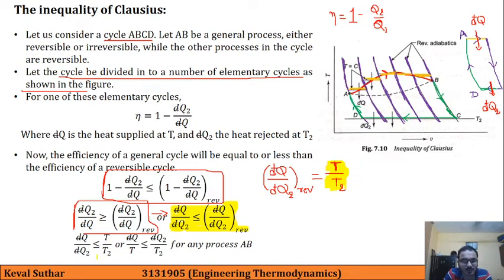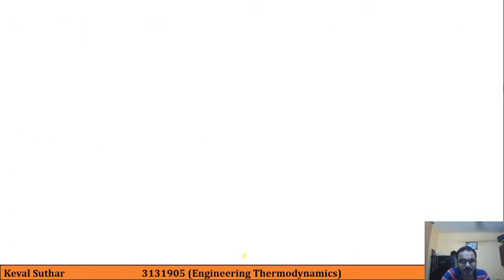Okay, so that's why we are getting this formula, and furthermore we can write δQ over T is less than or equal to δQ2 upon T2 for any process A to B. So for any reversible process, we know that dS is equal to δQ reversible upon T, as per our previous theory, that is, entropy as a property of system.